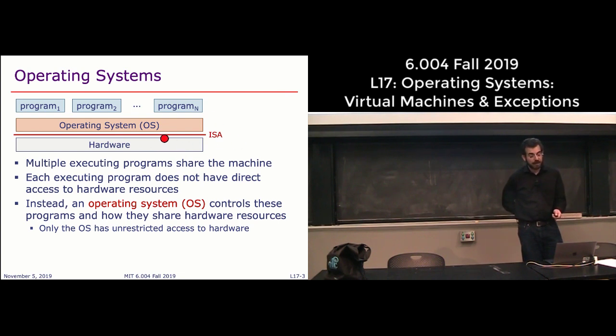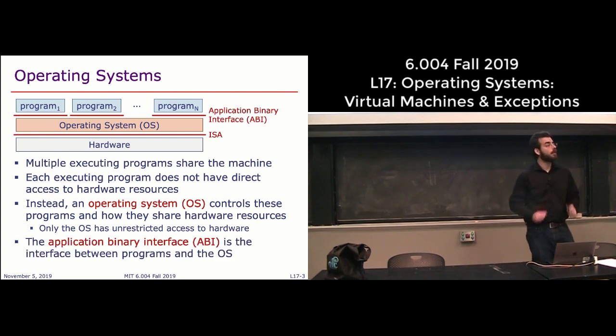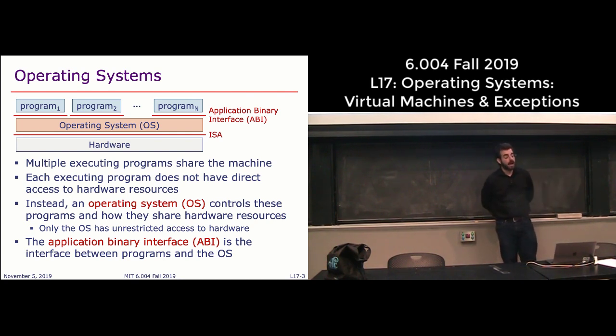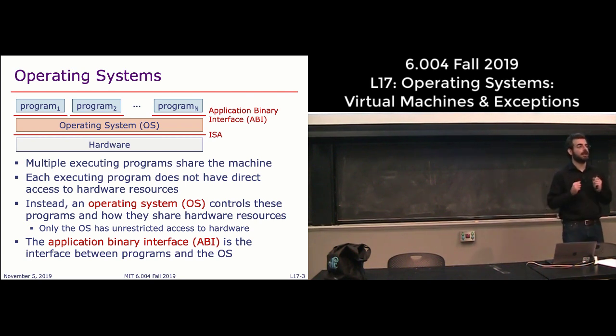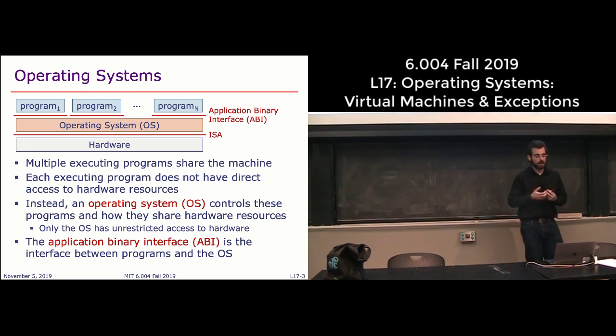In other words, the interface between the operating system and hardware is the ISA. And we have a different interface between programs and the operating system, which we call the Application Binary Interface, or ABI. So now we have two different interfaces here. Programs are not directly accessing hardware. They're a little bit more abstracted.